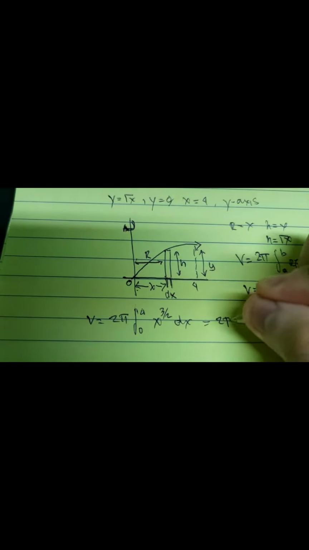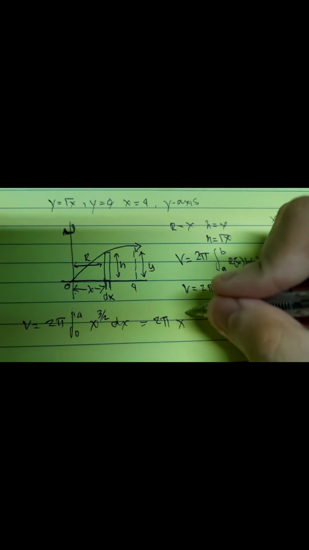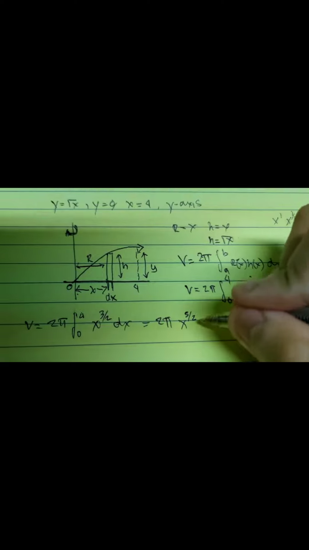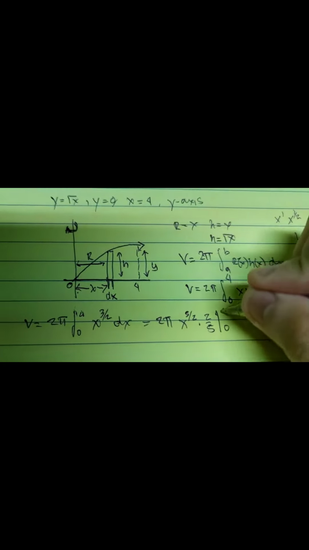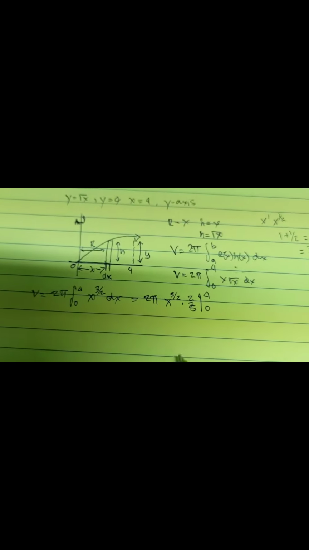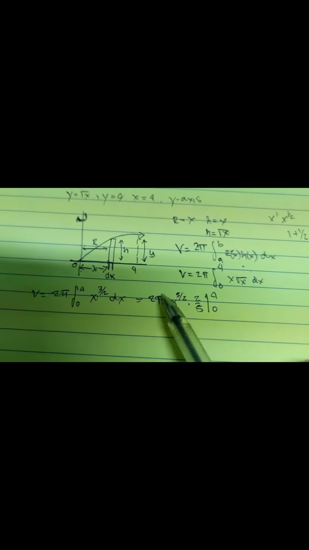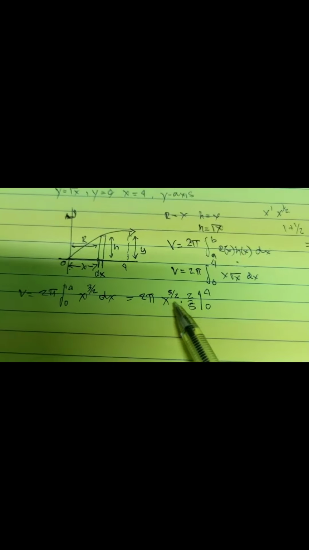Okay, so basically this is just 2 pi times x^(5/2) multiplied by 2/5, from 0 to 4. The antiderivative of x^(3/2) adds 1 to the exponent, so it's x^(5/2), and we're not gonna divide it by 5/2, let's just multiply it by 2/5.